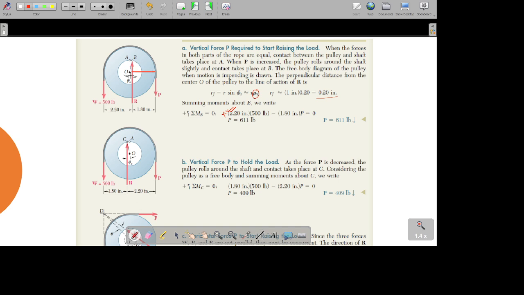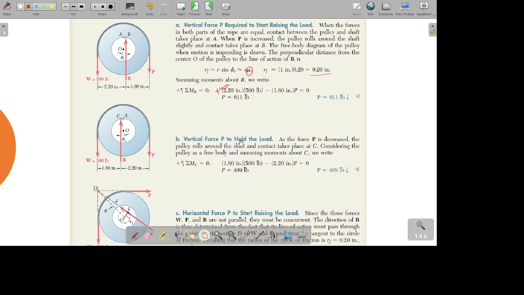We know this is the radius, which is 2 inch. If you subtract the radius of friction, this small distance, you will get the actual distance. So subtracting 0.20 from 2, you will get 1.80. Then distance multiplied by force, which is the formula for moment, equal to 0. That was our equation. By solving the equation, you will get the value of P, which is 611 pound.